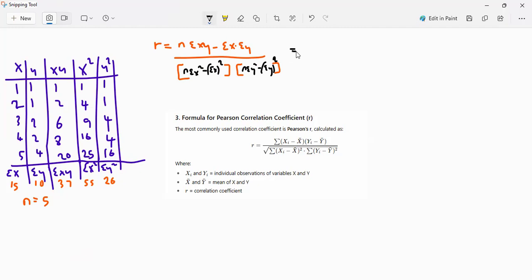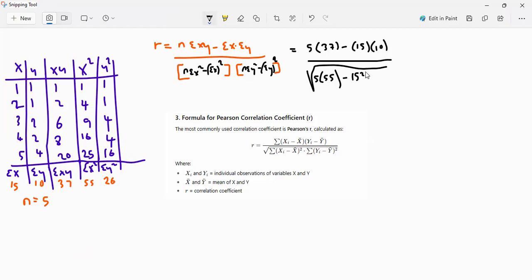So what was our n? 5. Summation of xy? 37. Summation of x? 15. Summation of y? 10. Okay. Somebody to send me the first 10 projects so that we also quickly have a look at it in this simpler manner. All right, then here the variation in x, what is summation of x squared? 55, minus summation of x squared, 15 squared.